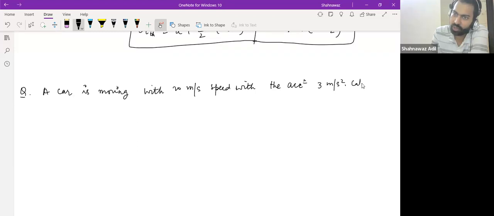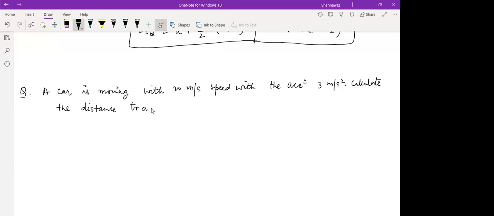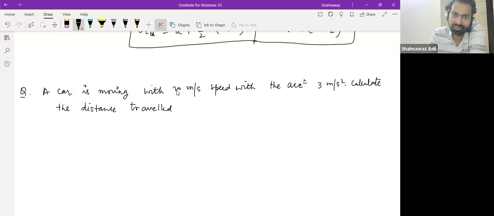So calculate the distance traveled. Is it 10 or 20? Which one? This one. Yes, this is 20. Did I say 10? Yeah, 20.